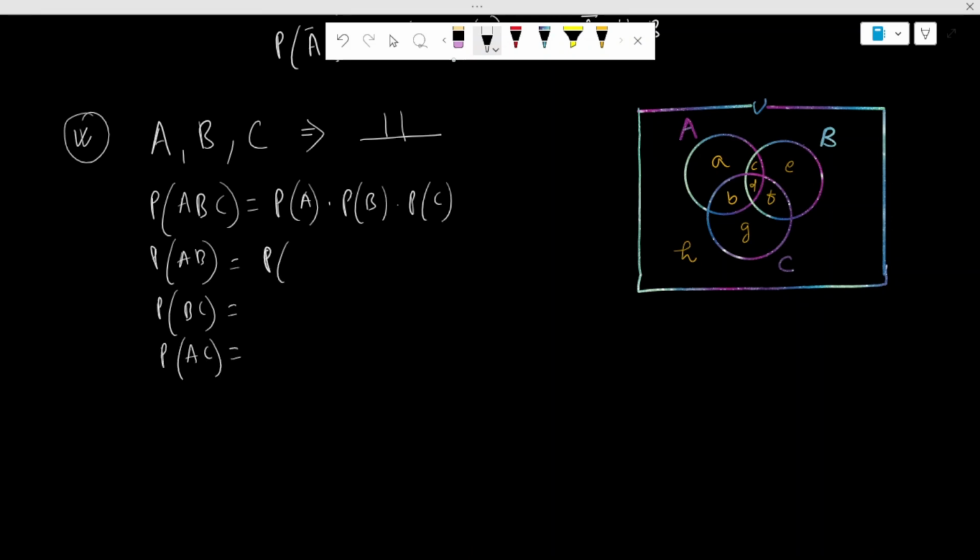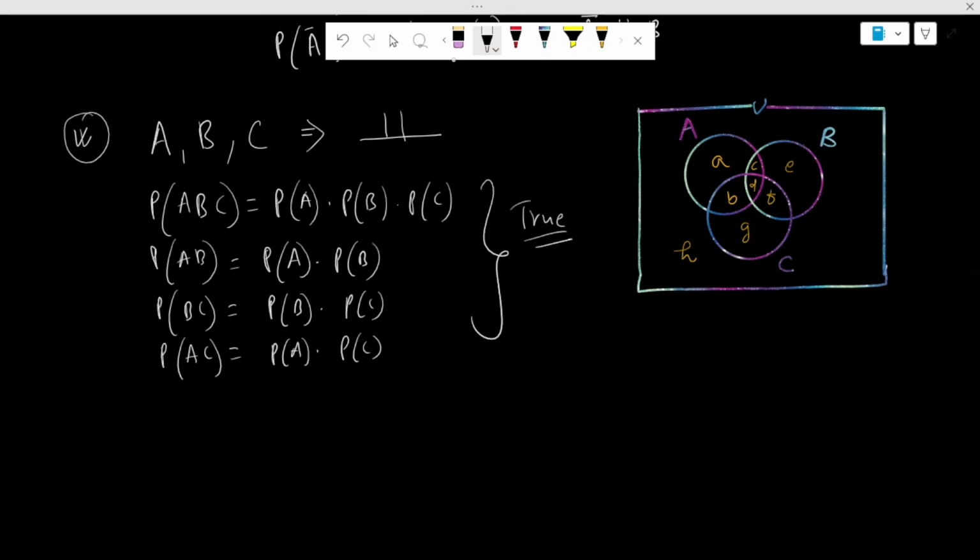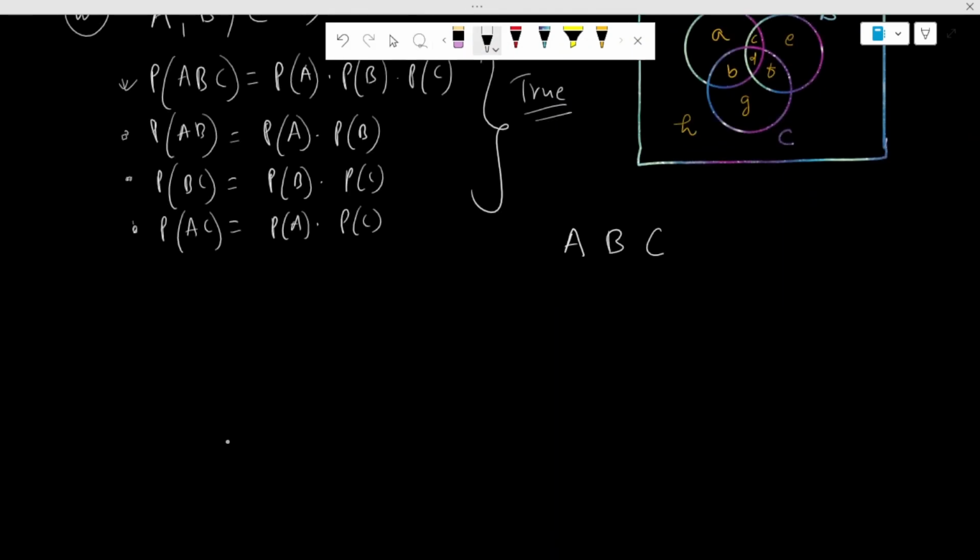So we can express that this relationship holds true for probability of A and probability of C, and then probability of A into probability of C. We assume that this is true. All three events are independent, as well as any combination of two of these events. So in that case, if we construct an event out of any two events, then the event A is also independent of any combination of the events B C.